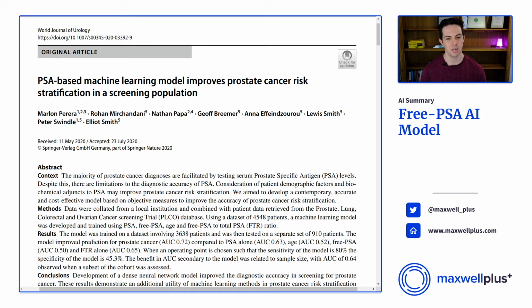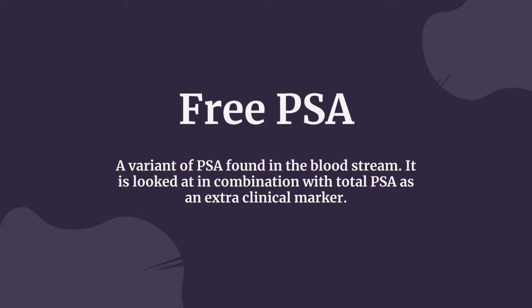Now, before we get started, a few terms relevant to the work within this publication. Number one is naturally going to be Free-PSA. Now, what is Free-PSA? PSA is the prostate-specific antigen. It's an antigen produced within the prostate which can enter the bloodstream for a number of different reasons, including cancer.